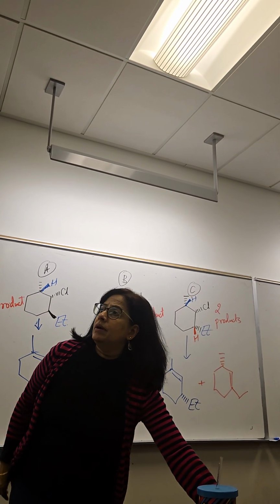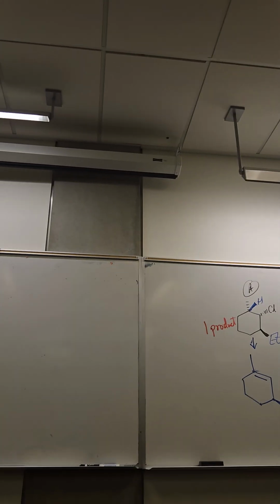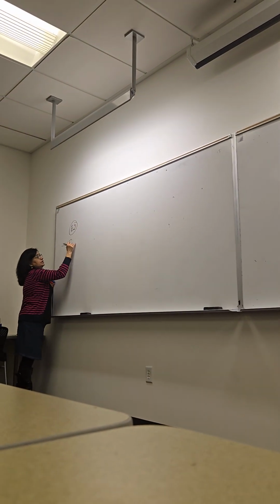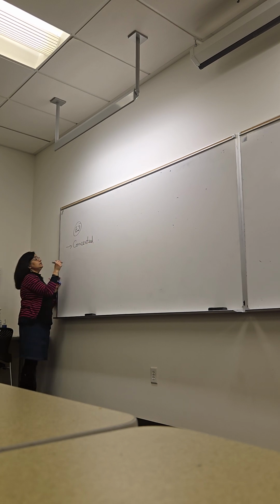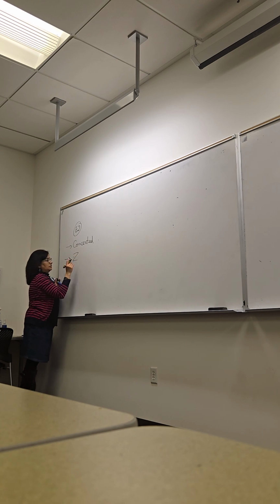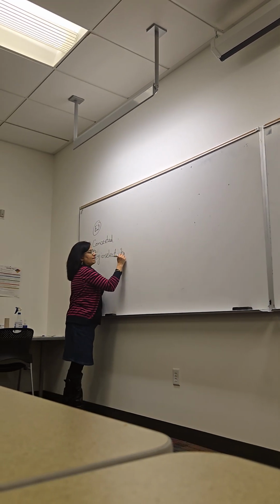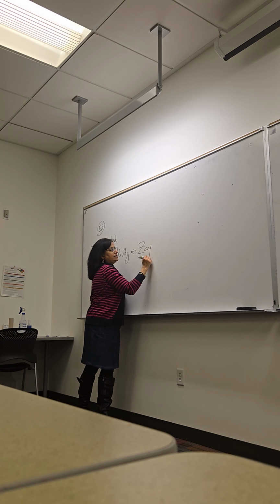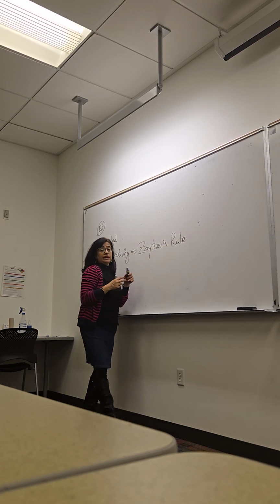Any questions about E2? So remember, E2 is, let's just write it here. E2 is concerted, meaning no intermediate, which means you must show the transition state. E2 follows regioselectivity, follows the Zaitsev's rule, which means the more stable alkene is the major product.